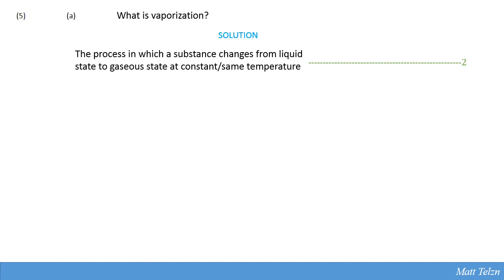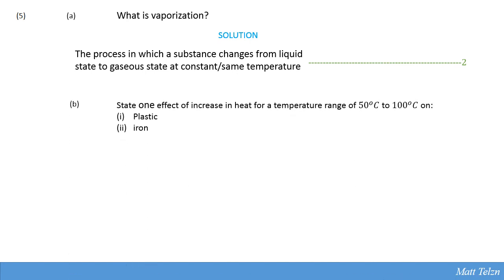The B part of it: state one effect of increase in heat for a temperature range of 50 degrees Celsius to 100 degrees Celsius on plastic and on iron. On plastic, it causes melting and change in density.